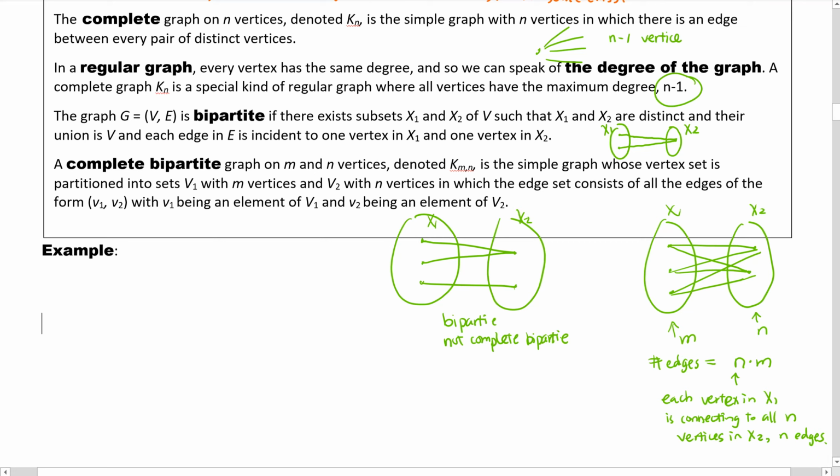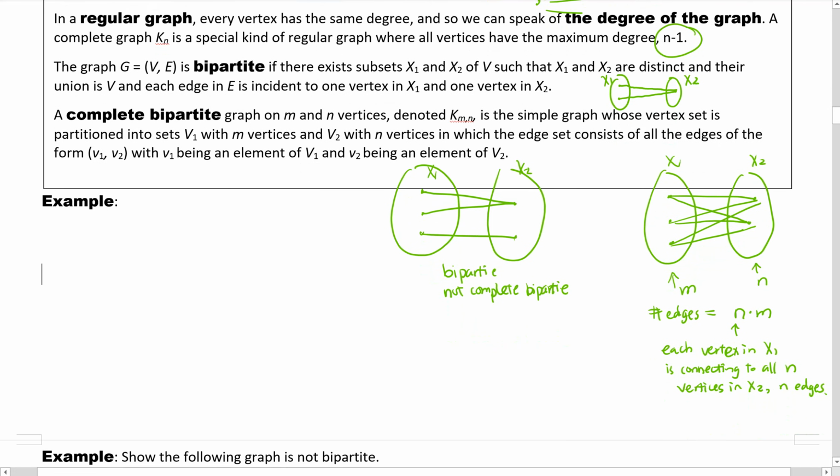All right, let's look at some examples. I already showed you the picture of bipartite and complete bipartite, and this one is complete bipartite.